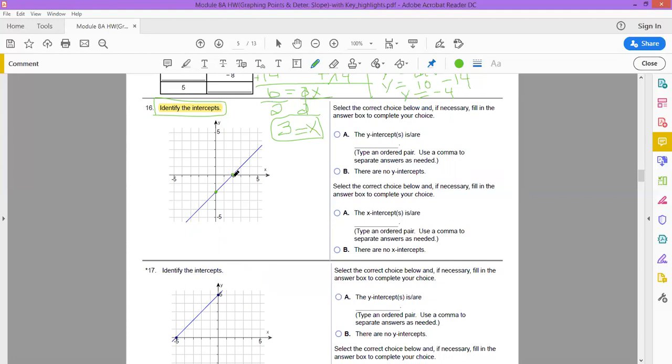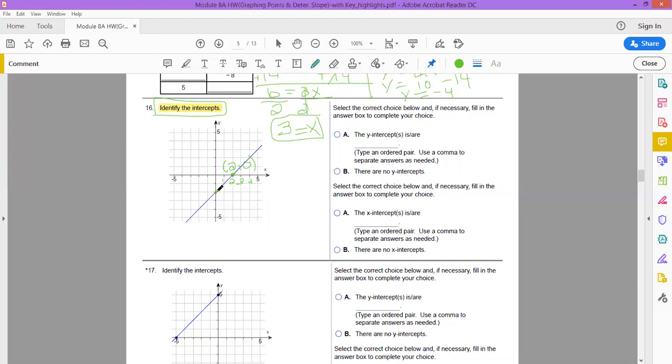So I just want to count, and each of these spaces is 1: 1, 2, 3, 4, 5. That lets us know that our first point is at 2 on the x-axis, and you haven't shifted on the y-axis. The ordered pair would be (2, 0), since you didn't move up or down.